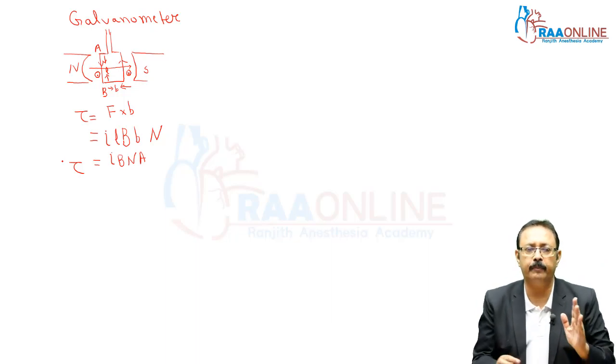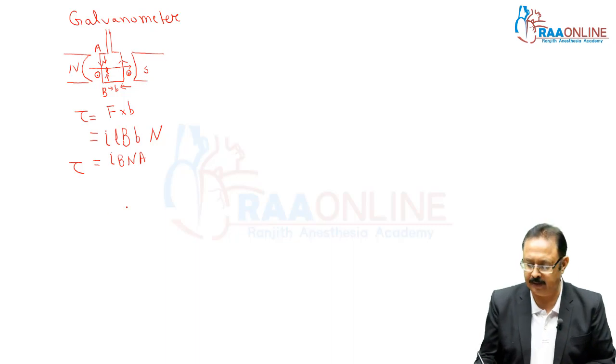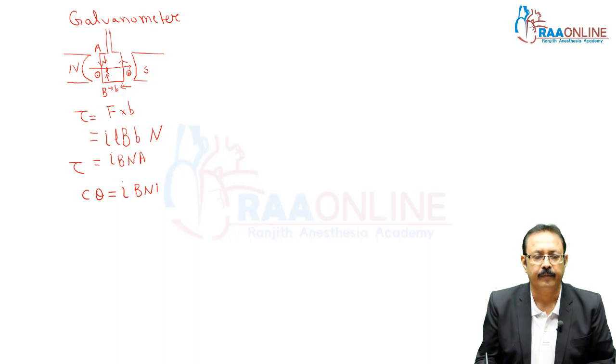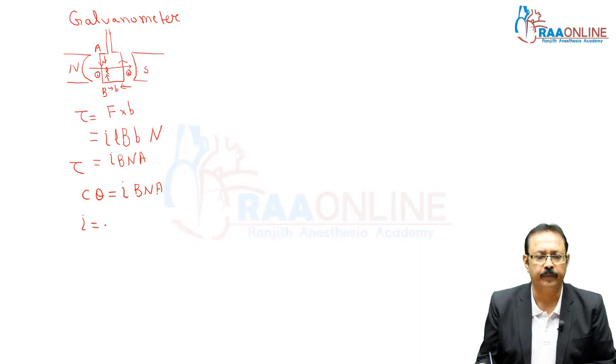If the couple per unit twist is C and the total twist is theta, then C theta in the equilibrium position should be equal to N I B A. So what we are observing here is I equals C upon N B A, times theta.